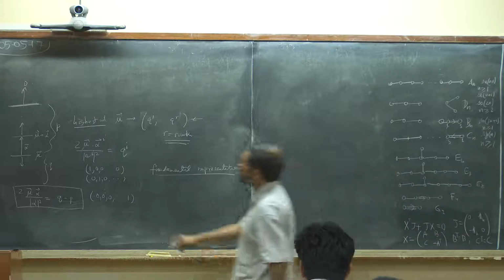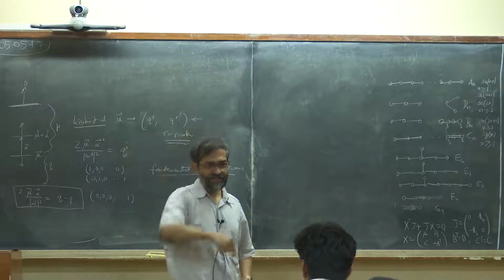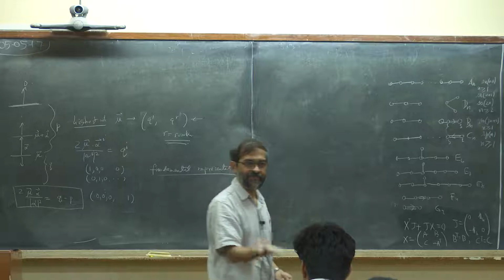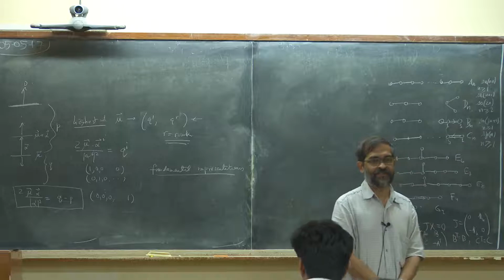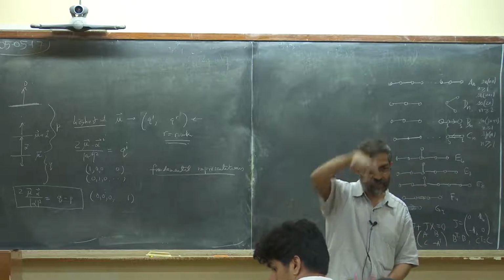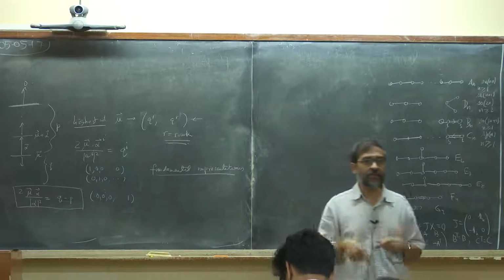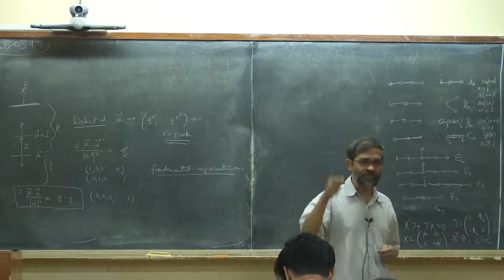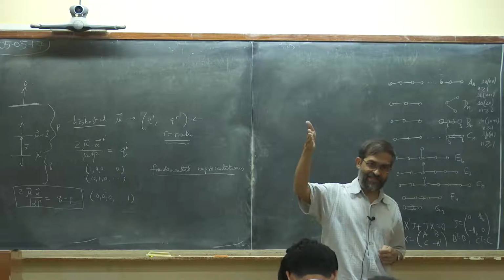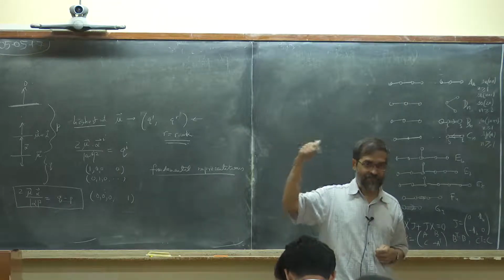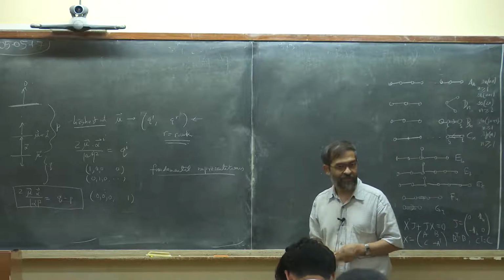So if I start from mu and keep applying E minus alpha 1, then I can only go up to q1 number of steps. After that, I'll hit a 0. Similarly, I keep applying the lowering operator E minus alpha 2. E minus alpha 2 to the power q2 will not annihilate this mu, but E minus alpha 2 to the power q2 plus 1 will annihilate it.